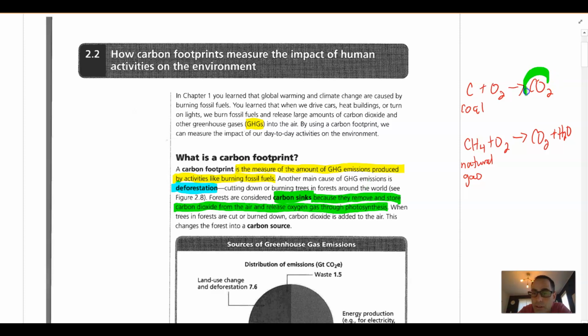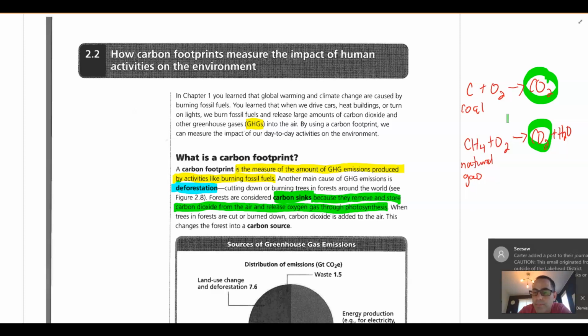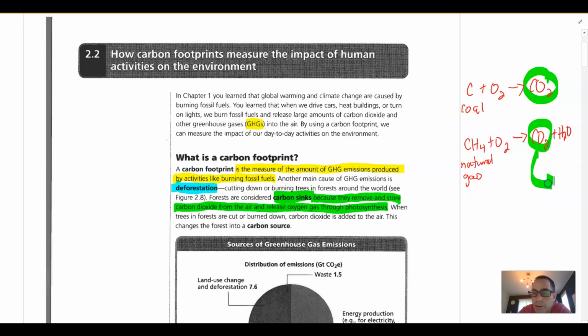So remember, trees will collect carbon dioxide and they will use it to produce sugar. So trees will take these things out. Trees are really good at pulling carbon dioxide out, so that's why we call them a carbon sink.